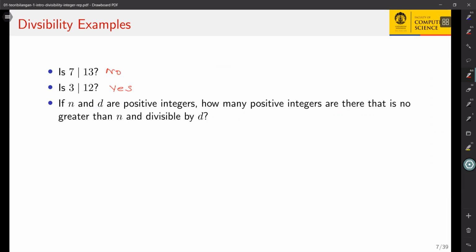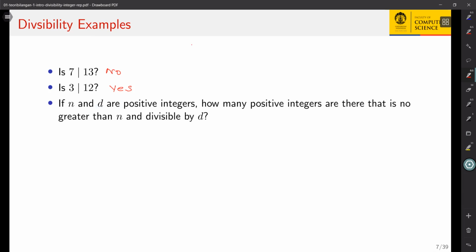Now, the third question. If we have numbers N and D, how many positive integers are there that are not greater than N and divisible by D? Can anyone give an answer to this? Let's start with some examples, right?